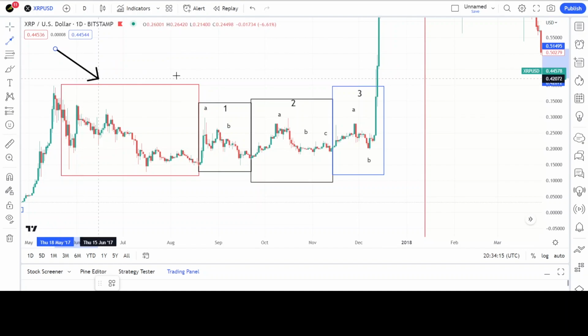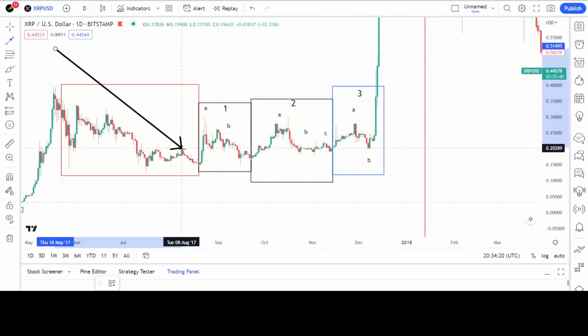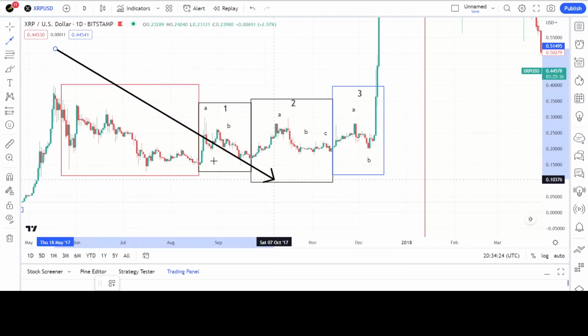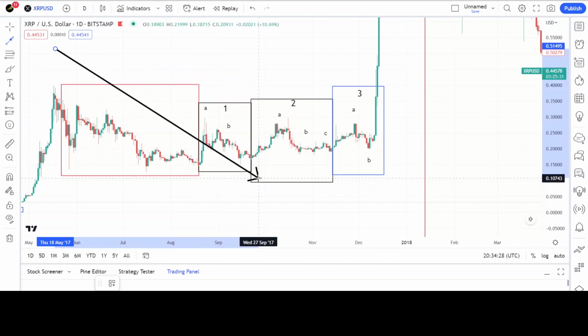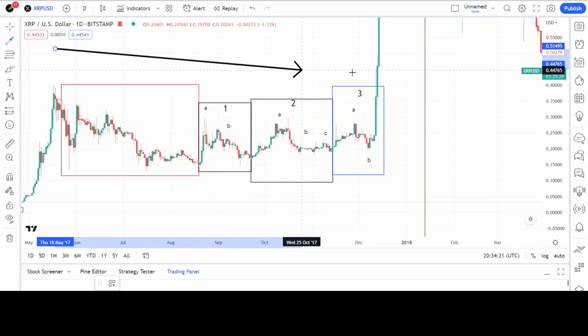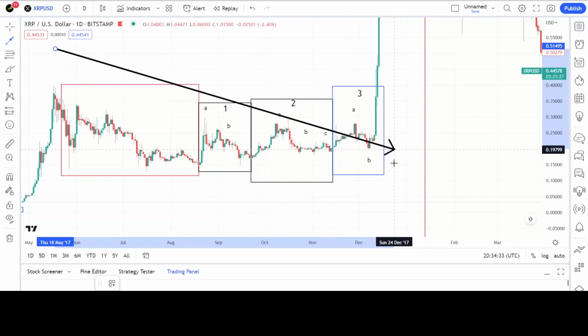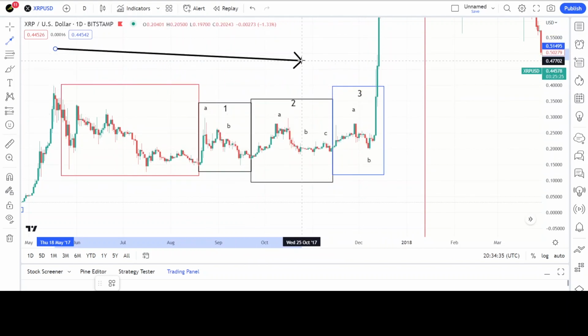Okay, so this is in 2017, and it takes place after this decline right here. So it comes to a peak, and here's the bear market. Now, this all took place rather rapidly. Here is part 1 of the range-bound sideways time, part 2 and part 3, before the next bull run takes place.